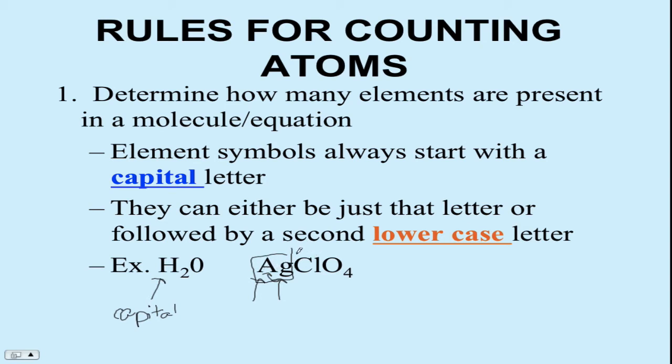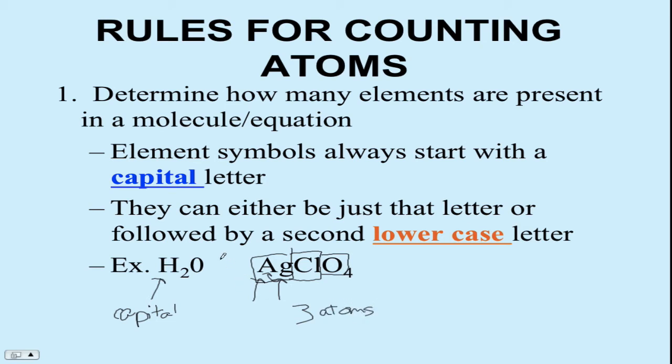But if I take a look at the rest of this thing, it's going to be important for you guys to realize that there are 3 different atoms in here. Take a look at the capitals. However many capital letters you see, that's however many atoms you have. So I've got 3 capitals in this one, so I have 3 atoms.